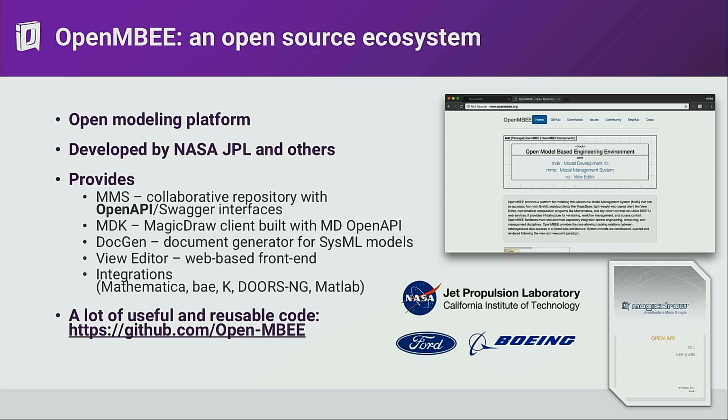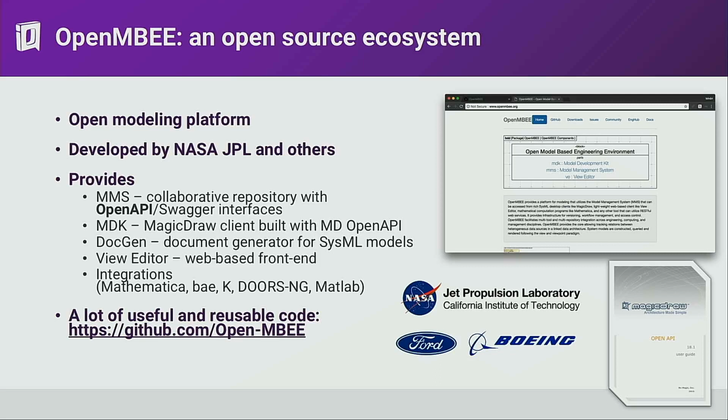And in fact, there is an open source plugin developed by folks at Jet Propulsion Laboratory over at NASA, which is called MDK. And it's one of the most fully featured modeling solutions available as a third-party open source add-on to MagicDraw. All the code that they develop is available on GitHub under various rather liberal open source licenses.